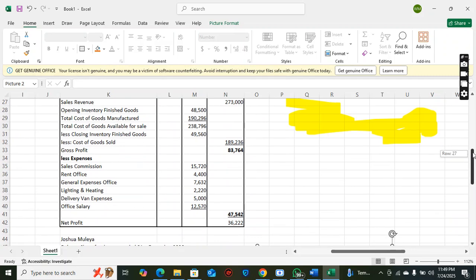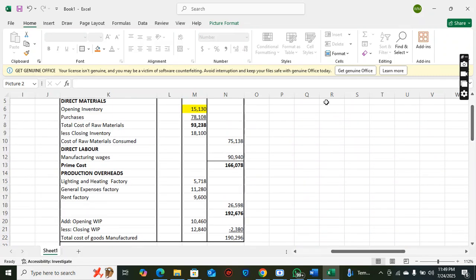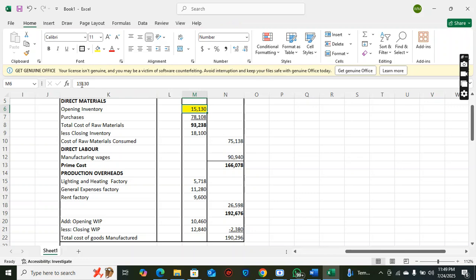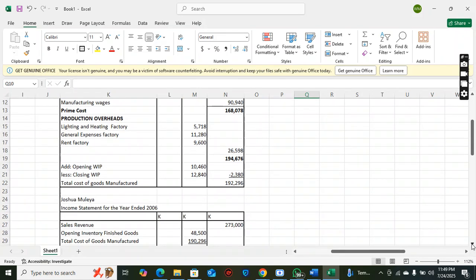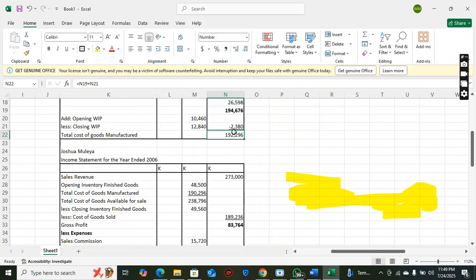We can see it here, sir. We just do this. If you change this one to 17,130, the new cost of goods manufactured is 19296. Okay, so the gross profit changes.